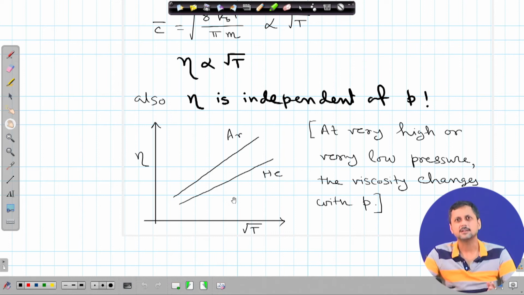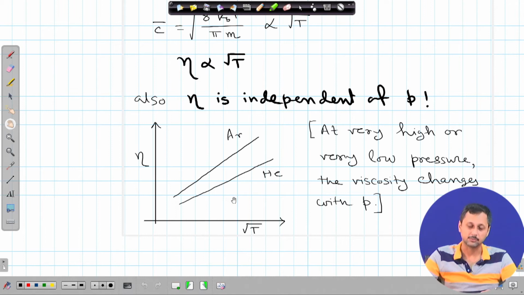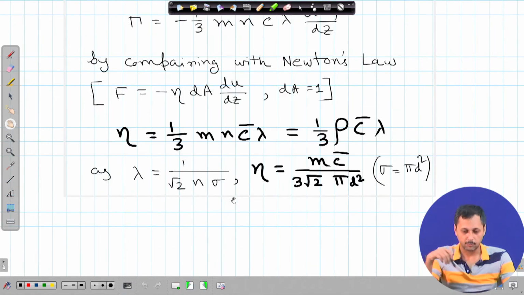Of course, for certain gases the linearity is not properly maintained, or sometimes for very low and very high temperature we see that there is a deviation from this linearity, and that primarily happens because if we go back to this expression over here, we have sigma in the denominator.